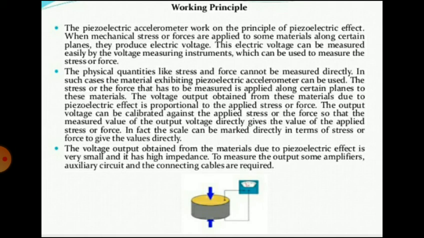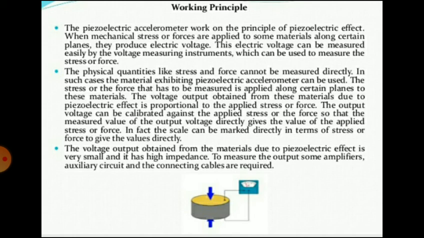This output voltage is proportional to the acceleration, so that we can measure the acceleration.